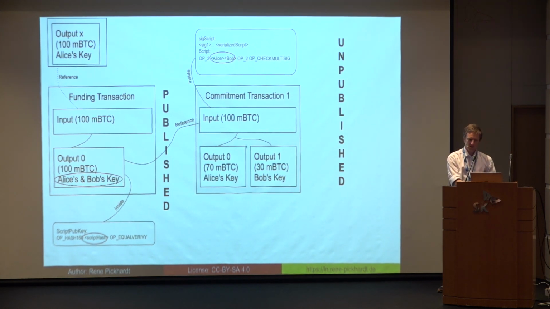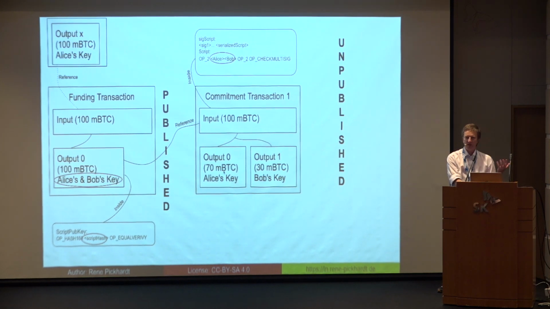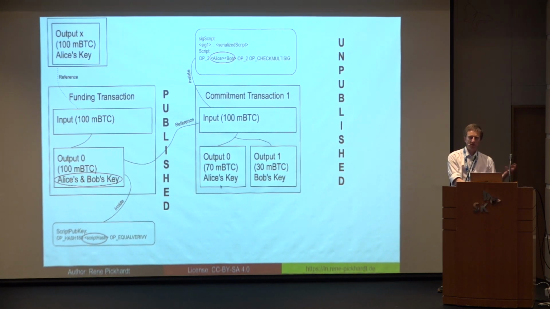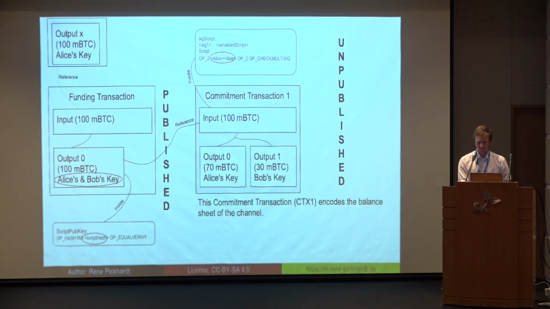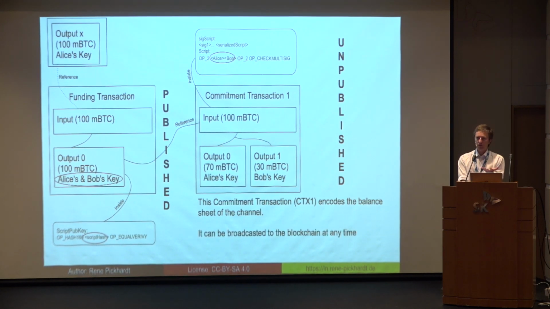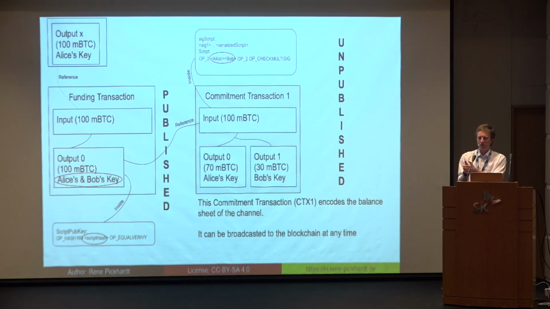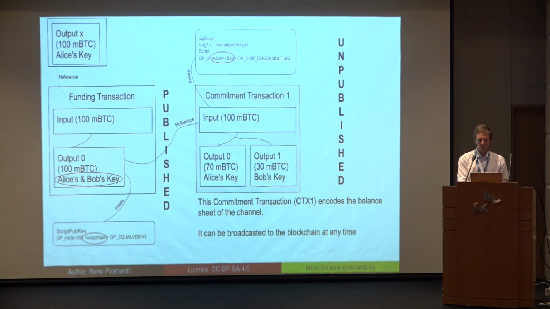So if both of us sign this transaction, then Alice can claim this without Bob's key, and Bob can claim this without Alice's key, right? So this commitment transaction encodes the current state of the IOUs. Clear? It has problems. It will not actually work, but up to this point, it's fine, right? So we have the mechanisms to do this.